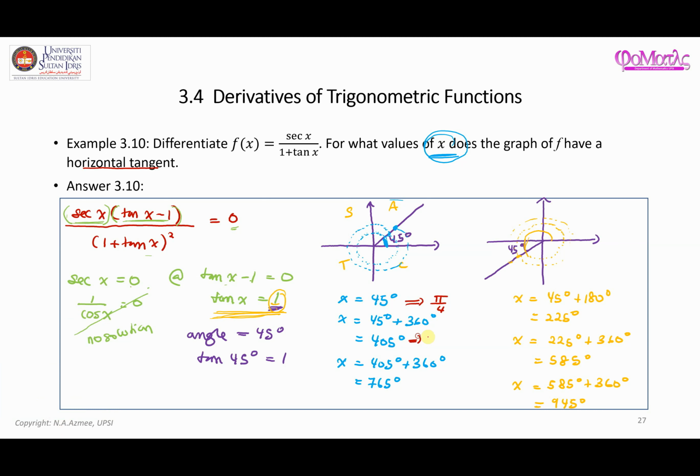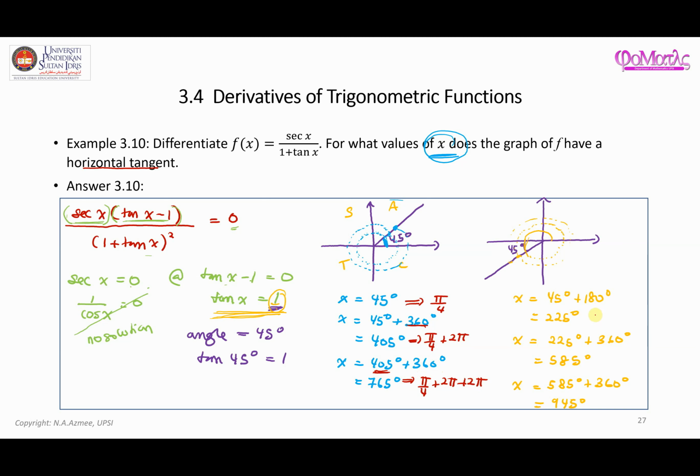This one is pi over 4 plus 2 pi, because 360 degrees is 2 pi, and this one is pi over 4 plus 2 pi plus 2 pi. So 405 degrees is pi over 4 plus 2 pi, plus another 360 degrees, which is 2 pi.